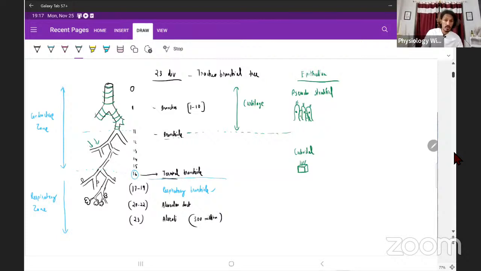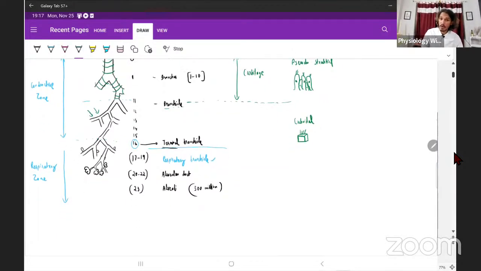Now, from the point where the respiratory zone starts, from here on you'll start seeing that it becomes flattened and these cells become squamous in nature, flattened cells like this, which are called squamous.